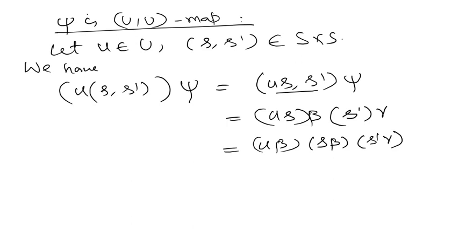So this s beta, s prime gamma is equal to s prime psi, but it should be only u here.